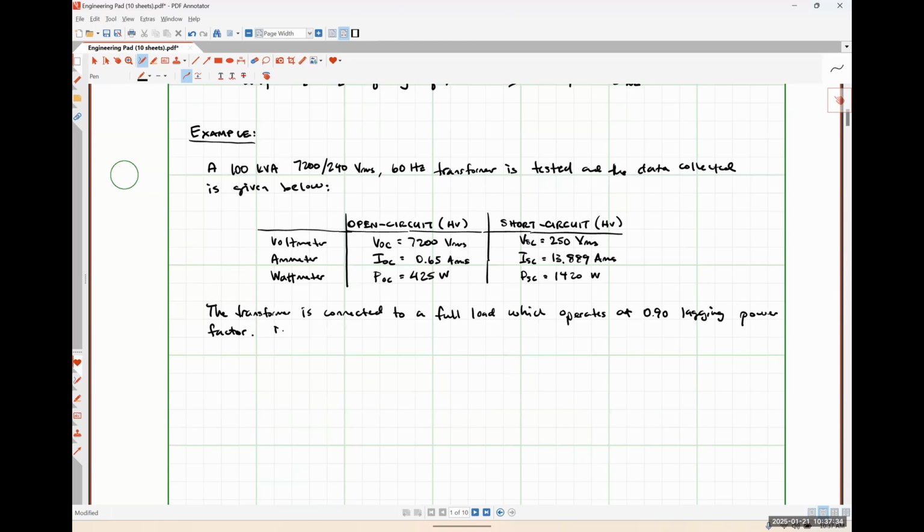And we want to determine the voltage regulation of this transformer.